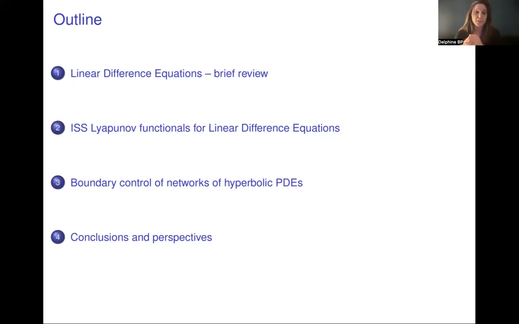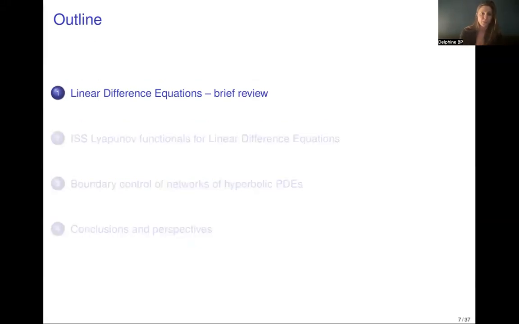Then I will move to the main question that we tackled with Jean, which was trying to establish a converse ISS Lyapunov theorem for these linear difference equations. And if I have enough time, I'm going to illustrate why we were interested in this question with another problem, which is the boundary control of networks of this type of system of hyperbolic PDEs that I presented.